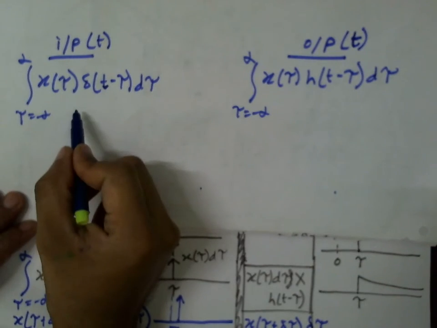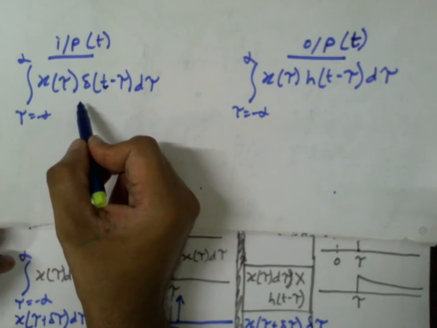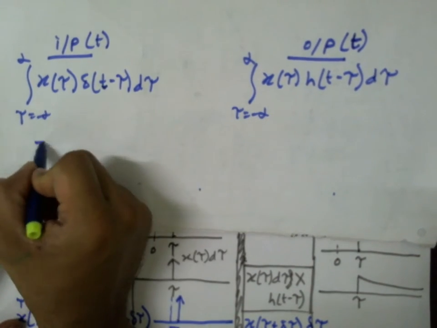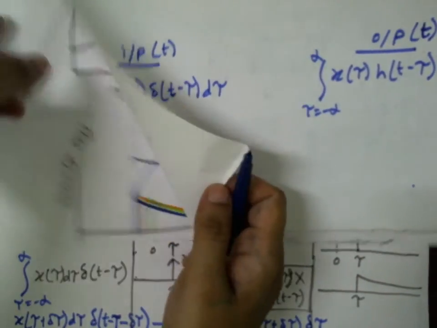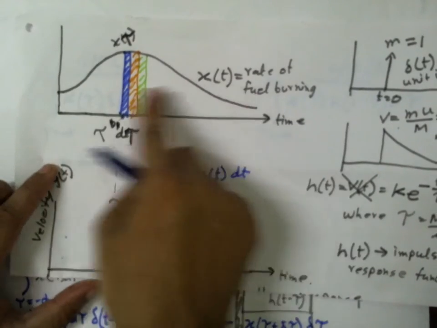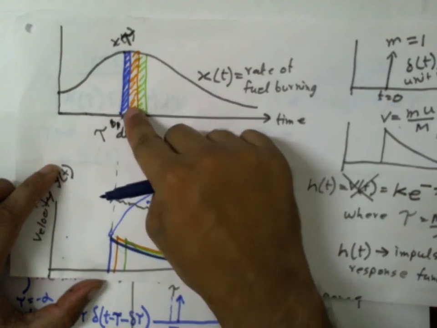So this is the input as a function of t, and without even doing much mathematics you can readily state that this is equal to x(t), because this is my input. This x(t) is being chopped into small pieces like this.